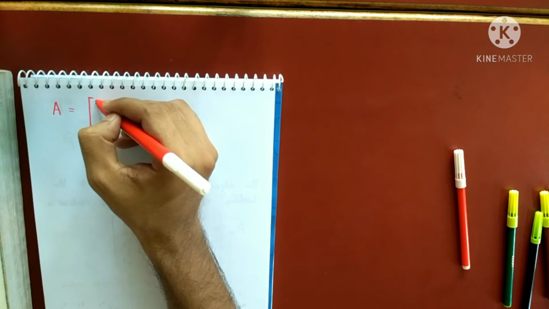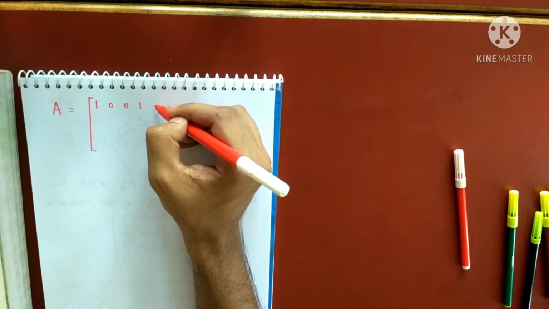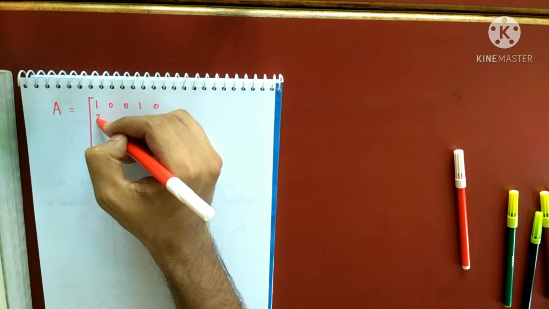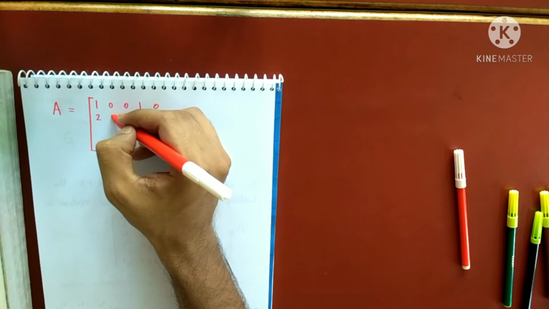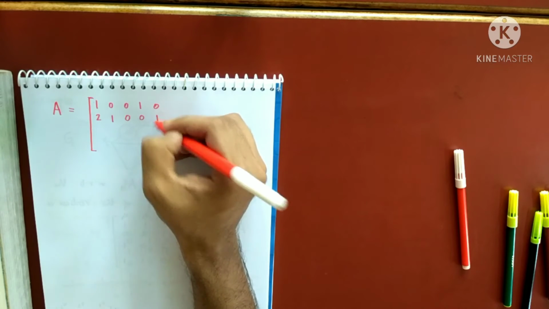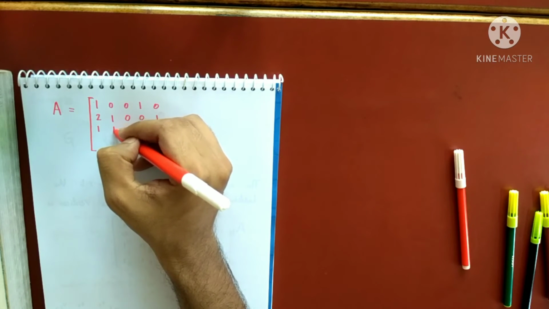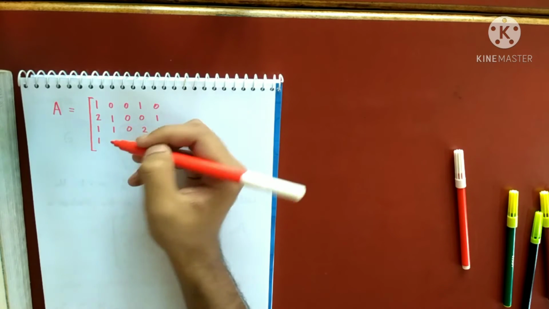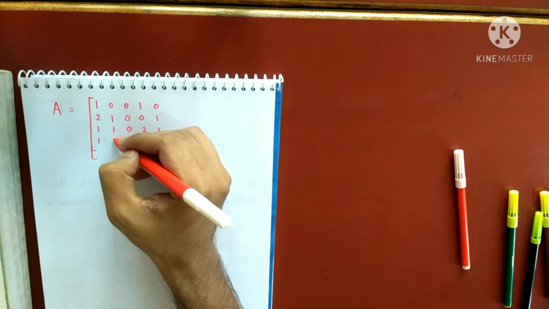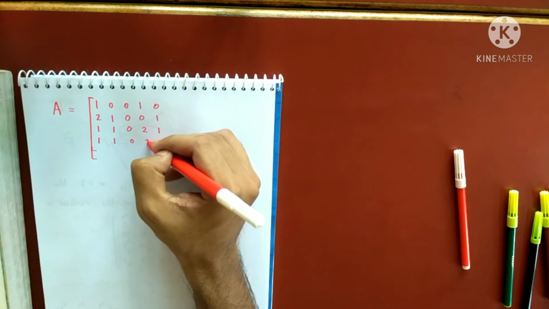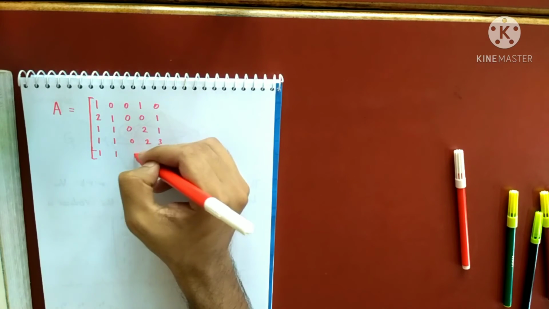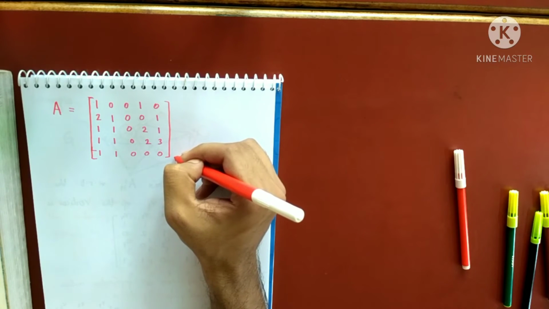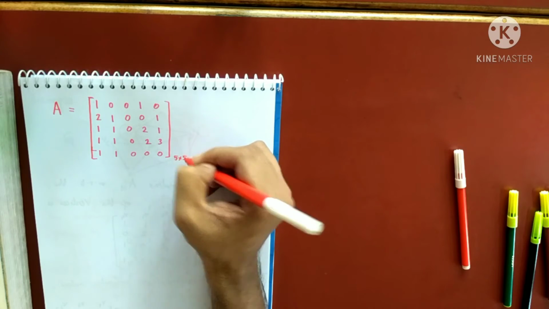Okay, so suppose I'm giving you a matrix for 5 vertices, with rows like 1, 0, 0, 1, 2, and 1, 1, 0, 2, 1, and so on, with entries 1, 1, 0, 2, 3, 1, 1, 0, 0, 0. So I have given a symmetric matrix of order 5 by 5.